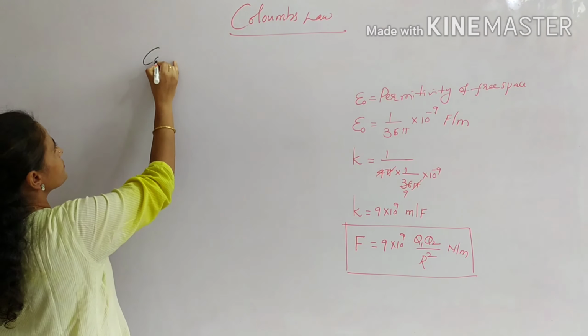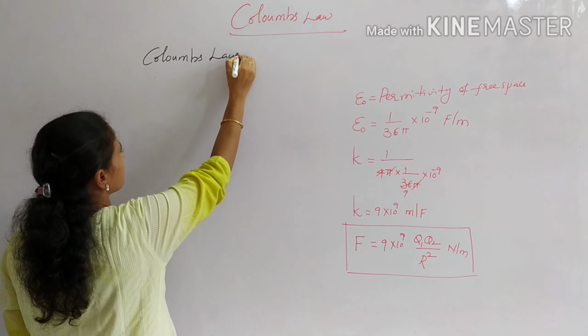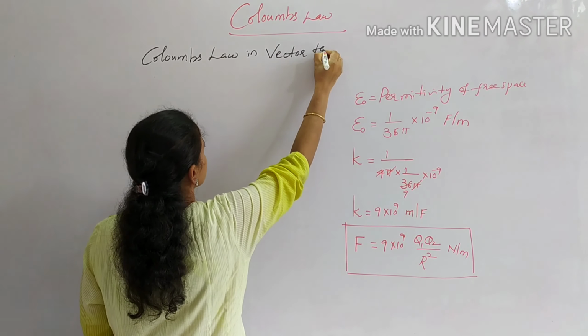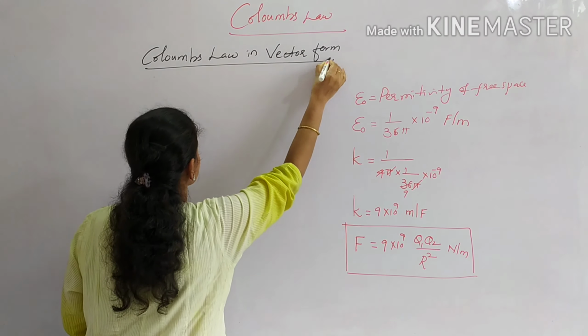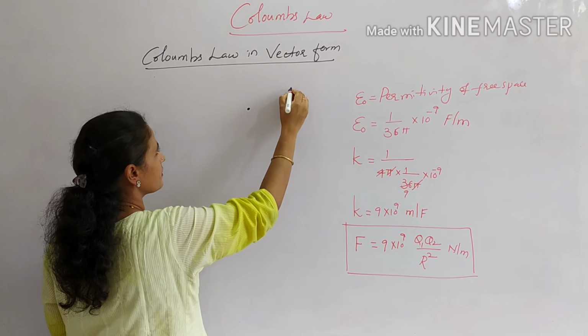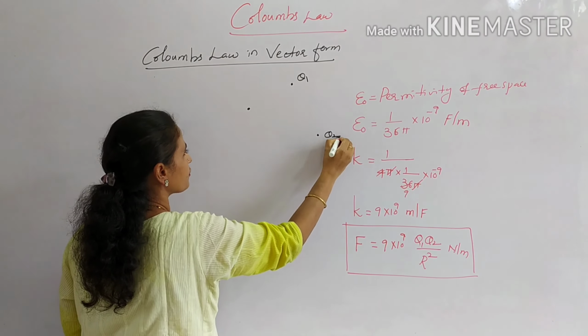Coulomb's law in vector form. Let there be two charges Q1 and Q2.